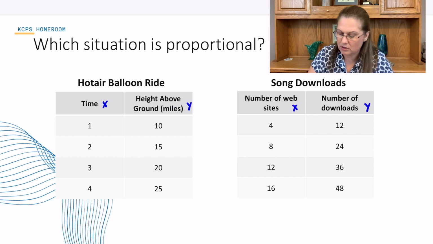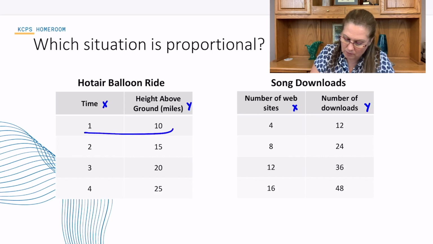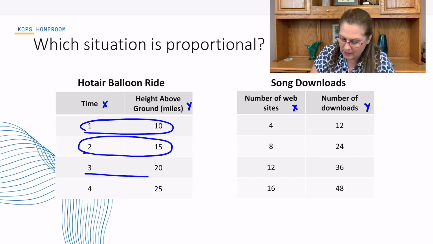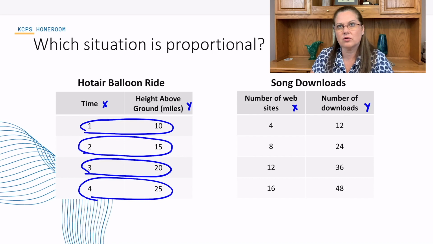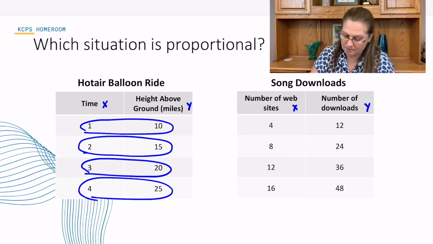So I'll go ahead and put those for both tables. Now we're going to use ordered pairs. And ordered pairs are going to be found on the same row as each other. And I've circled them for you. So let's go ahead and use our equation for constant of proportionality and see what we find.